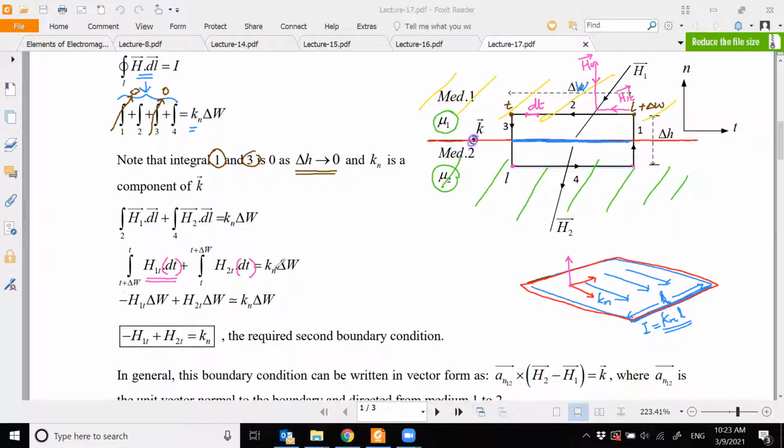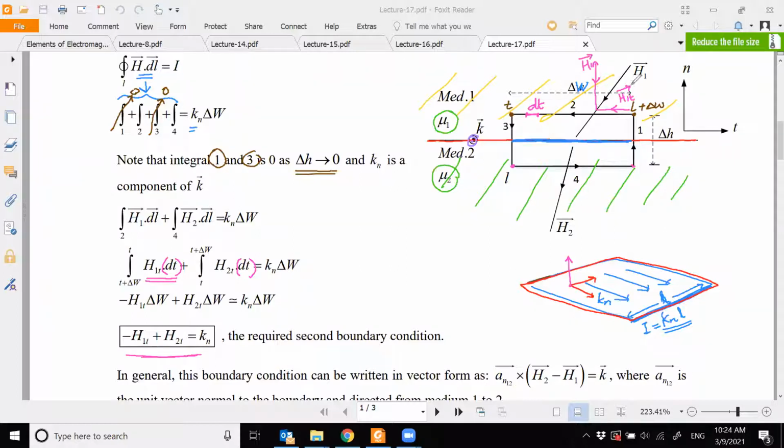And that's it. So once you do this, you will get minus H1T delta W plus H2T delta W is equal to Kn delta W, from where you will get H2T minus H1T is equal to Kn. This is the required boundary condition. So again, as in statics, this minus and plus depends on where you are entering the boundary and where you are going.